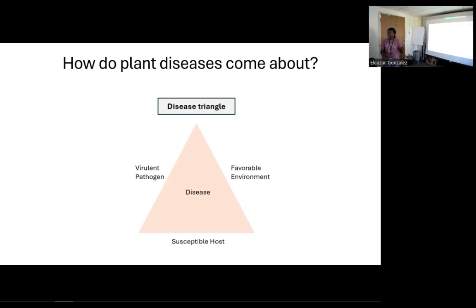And we need the host. Since today we're talking about tree fruit diseases, our host would be the tree, but it could be your crop, the grass, or any plant that the pathogen is going to affect. These three interact to cause disease.